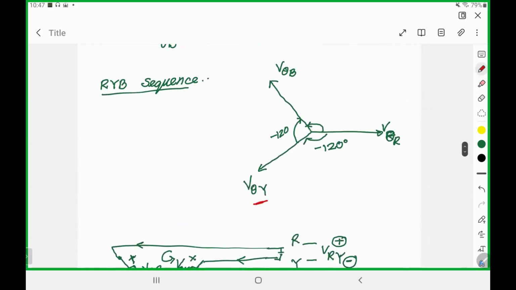So I have to extend this one in the opposite direction, with the same value, but direction will be opposite. So this will be my minus V theta Y. Now, if you extend and add them, this will give you VRY. Okay, clear?